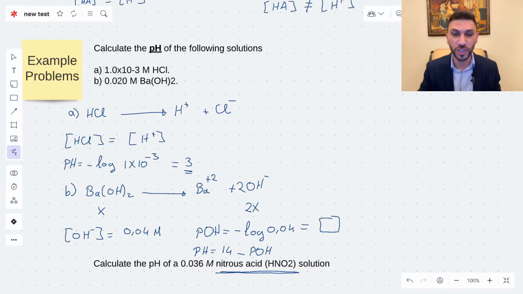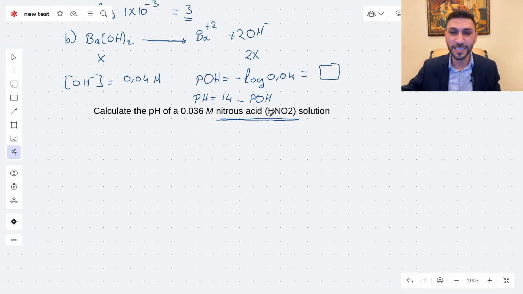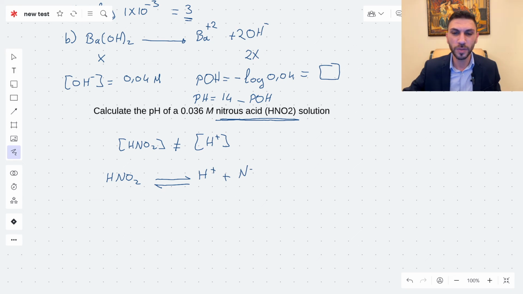So the concentration of the acid does not equal the concentration of H positive, because HNO2 does not completely dissociate in water to give you H positive plus NO2 negative. This problem, we're going to solve when we study how we find the pH and the pOH for the weak acids and weak bases.